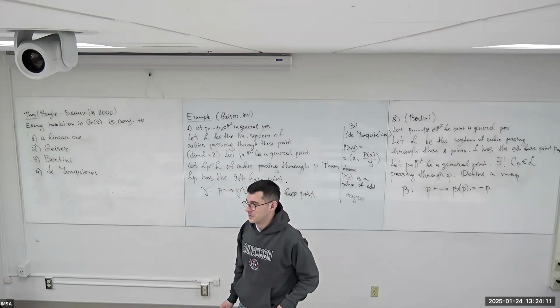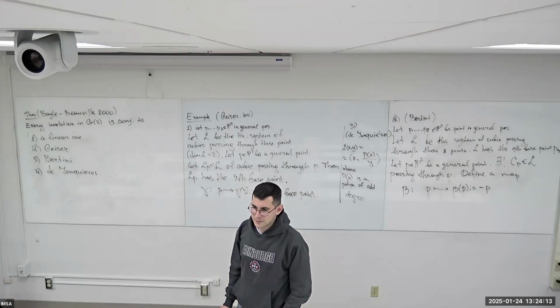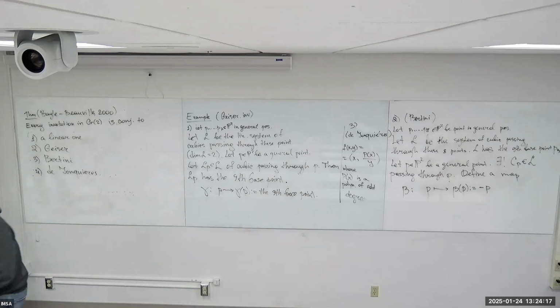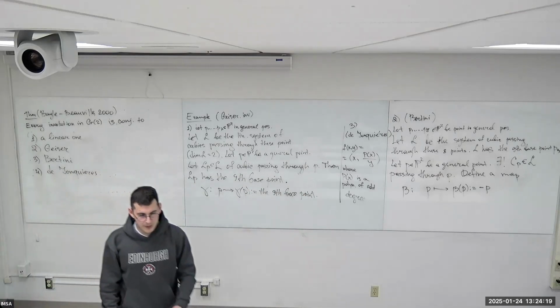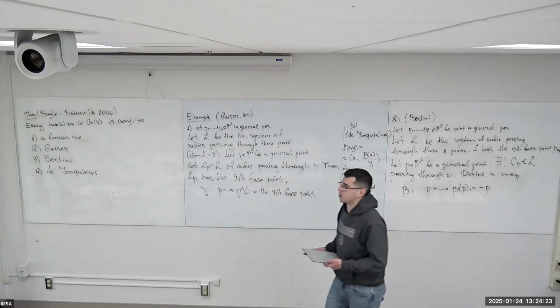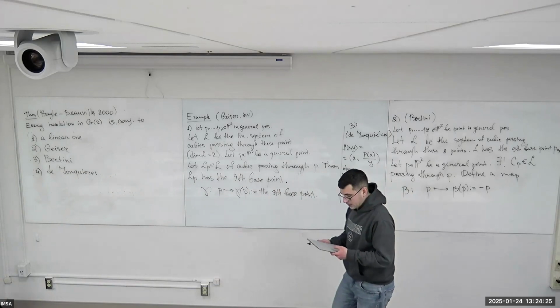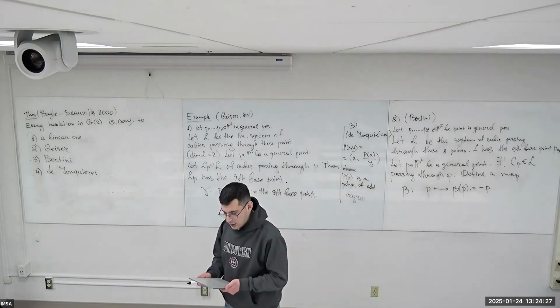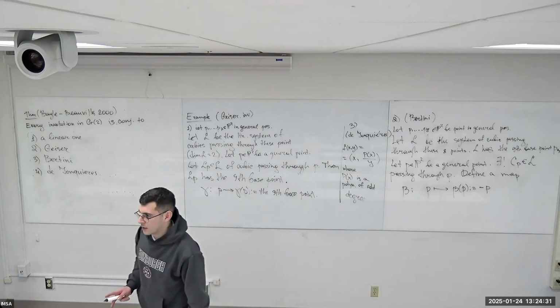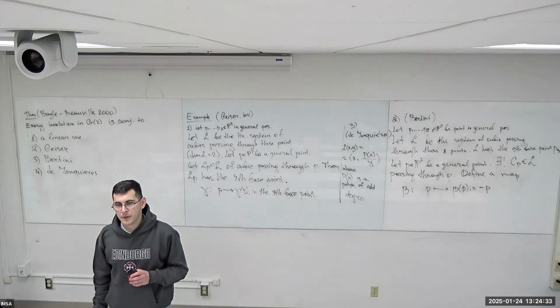I think they assume characteristic 0. I can check. Does the proof work in characteristic 2, maybe not? How about 3?